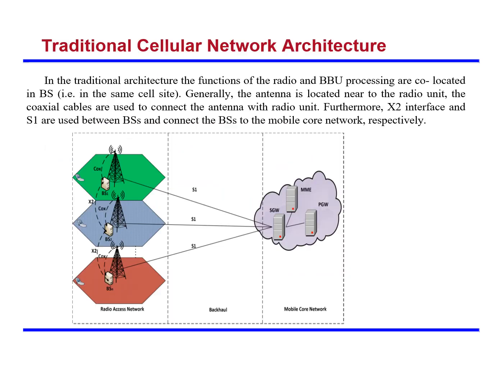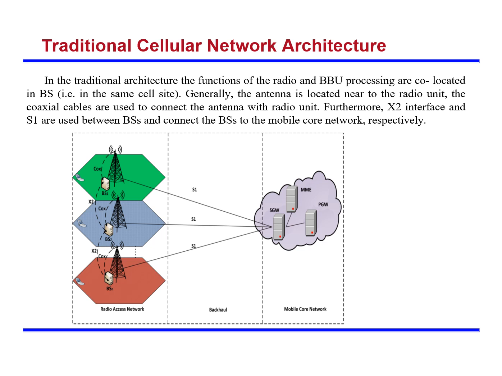Traditional cellular network architecture. In the traditional architecture, the functions of the radio and BBU processing are co-located in the BS, that is in the same cell site. Generally, the antenna is located near to the radio unit. The coaxial cables are used to connect the antenna with the radio unit.